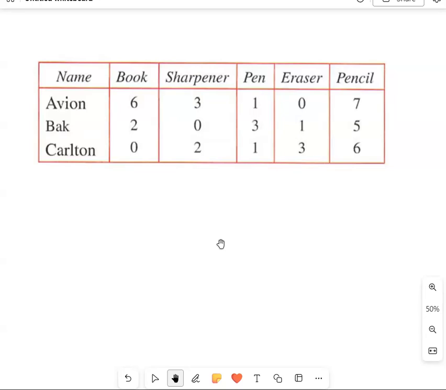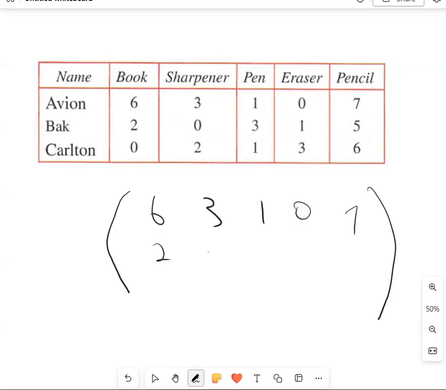And when you look at how the numbers are arranged, we can actually make a matrix out of it. You can actually formalize the matrix. That's the word they use.